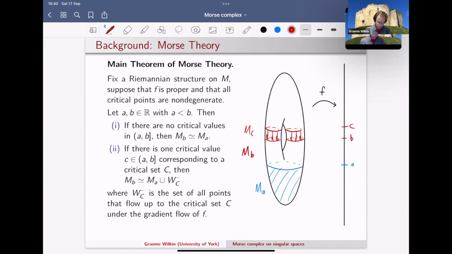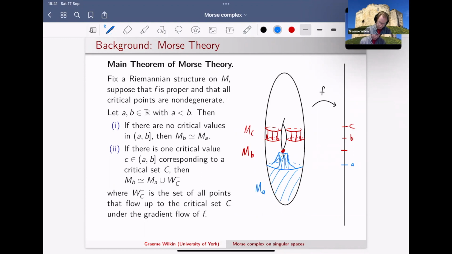If there is a critical value in between the 2 levels, so here we have a critical point corresponding to a critical value, then when we flow down, what we can do instead is flow down to attach, say, a handle like that. We can do this just by modifying the function.